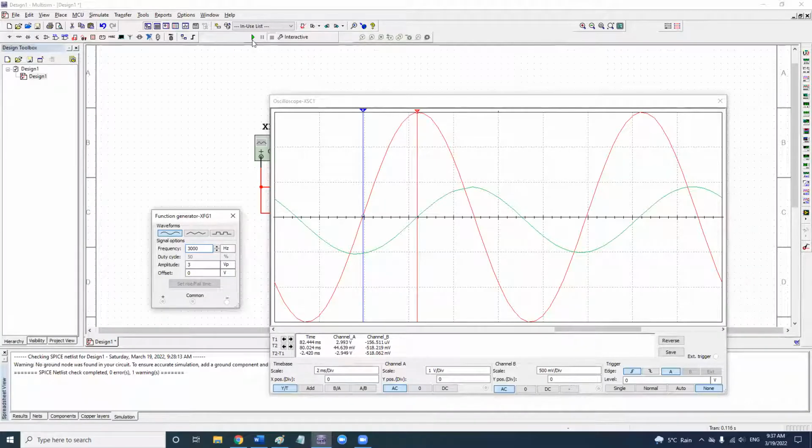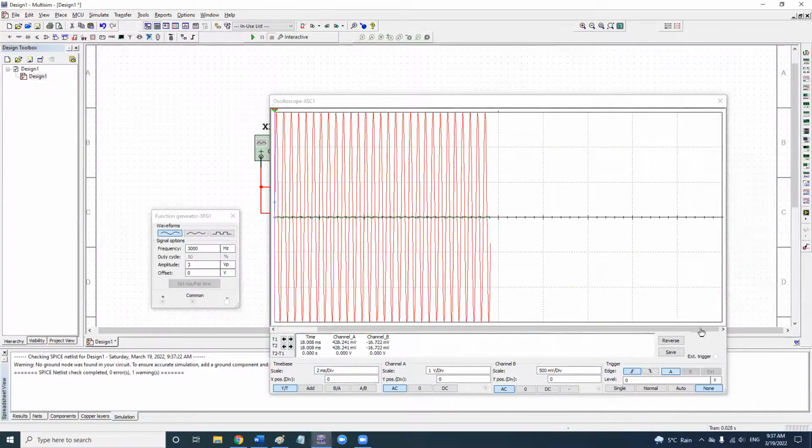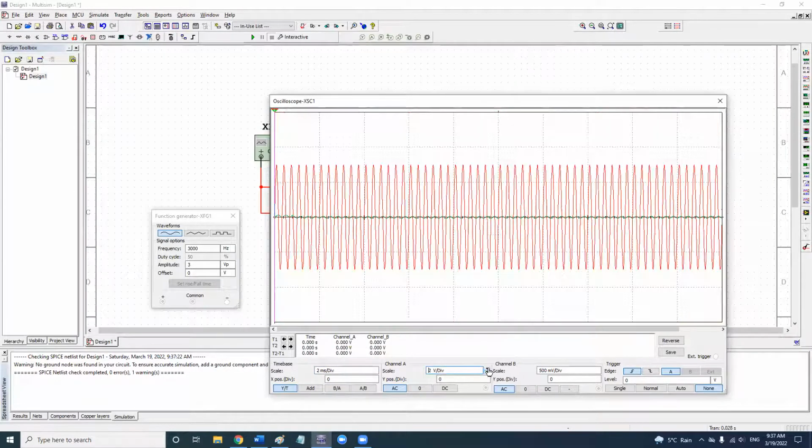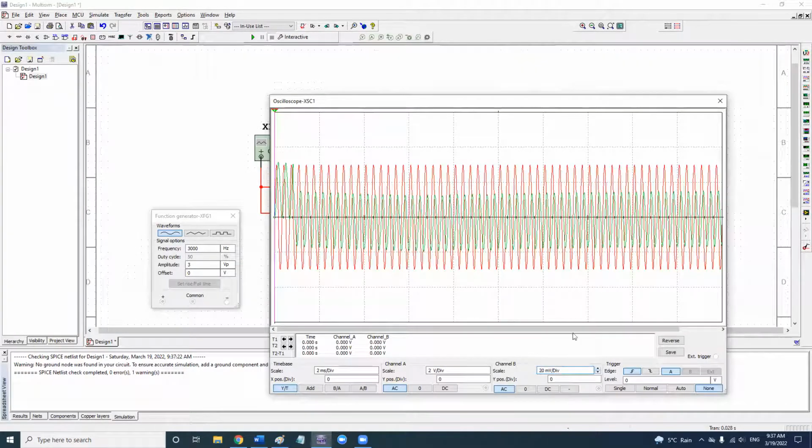So when you increase that to 3000, you see the phase. You see, this is kind of hard to see, right? So what I usually do is just adjust the scale a little bit. This scale button is very important. When you adjust a little bit, you can see the wave more clearly. And don't use the wave at the beginning.